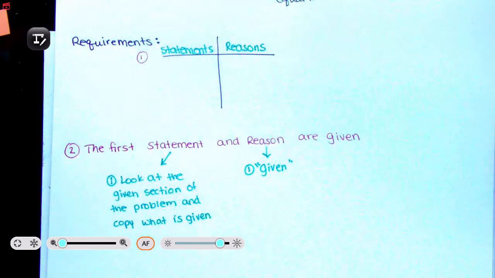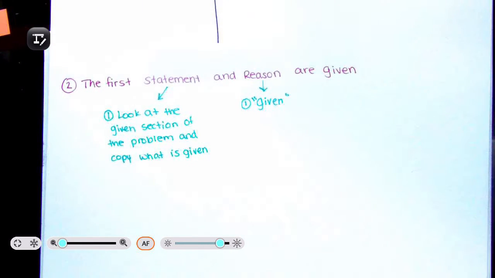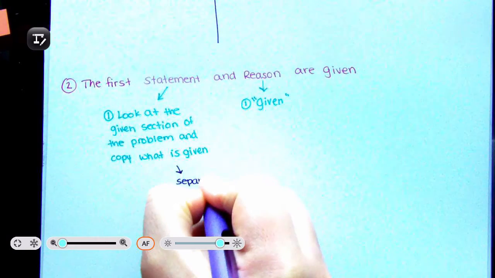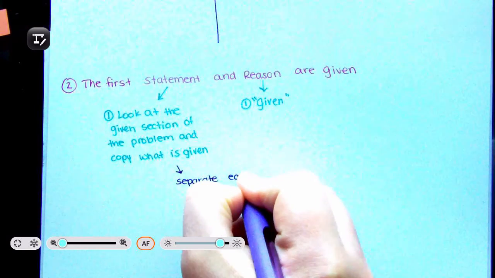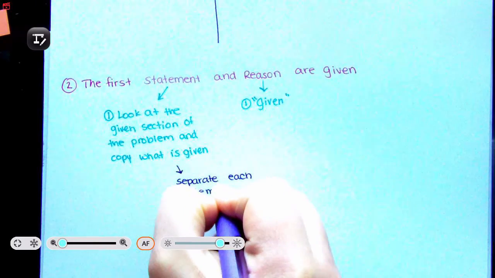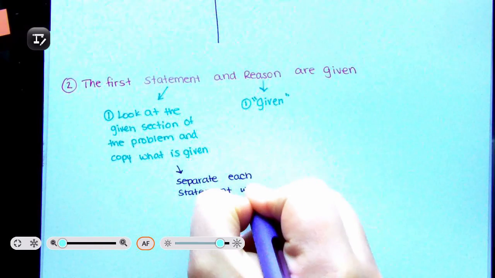Now, sometimes they're going to give you a ton of information, and when they do, you're doing a mini happy dance in your head. But sometimes they'll give you statements that are separated with commas. If they do that, you're going to separate each statement with its own number.